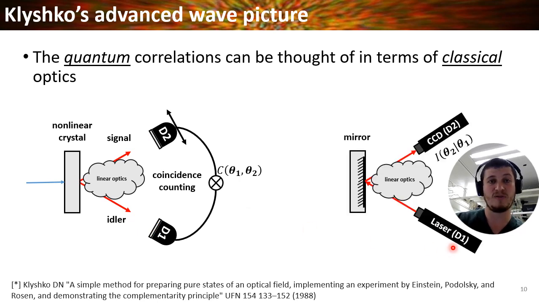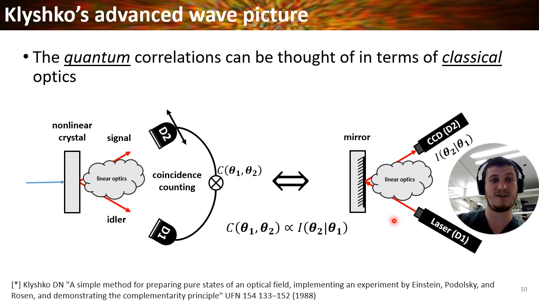In this experiment, one of the single photon detectors is replaced by a laser, and light is emitted from the laser through the general linear optics of the system, and in the crystal plane it is reflected as though by a mirror, propagates again through the optical system, and finally is measured using a simple camera that measures the intensity. And what he showed is that the intensity in this Klyshko configuration, in this advanced wave picture, will be the same as the coincidence counts in the quantum experiment.